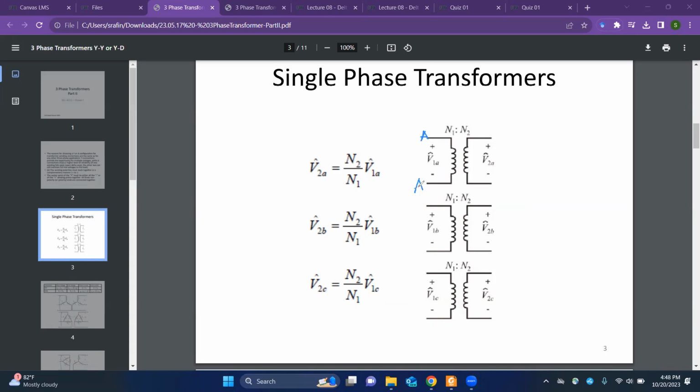That's an assumption. This is B, B prime, C, C prime. All primes need to be connected to have a mutual point, like a junction point, you can say. So in that case, I will have to connect this with this and this with this, and this will be A phase, this will be B, and this will be C.